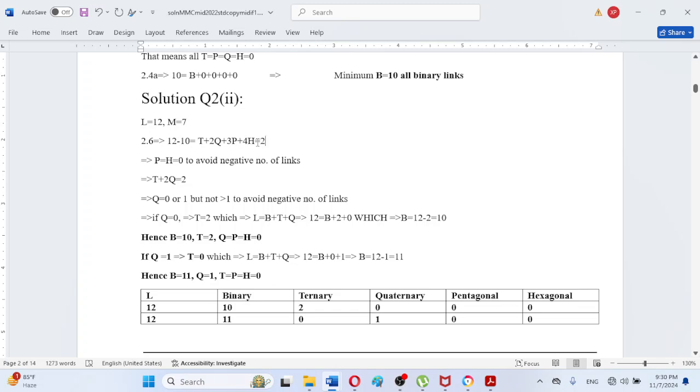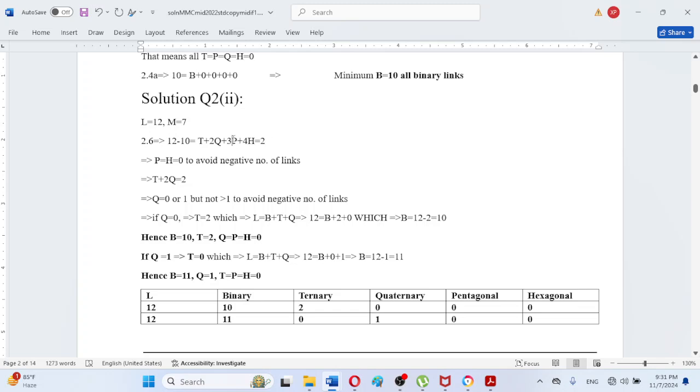As we can observe, on the right hand side there is 2. So even if for P and H, for any of them, we take a value other than 0, the lowest value other than 0 can be 1, meaning 1 pentagonal or 1 hexagonal. In any case, if we take for example H equal to 1, that will also give a negative number of links.